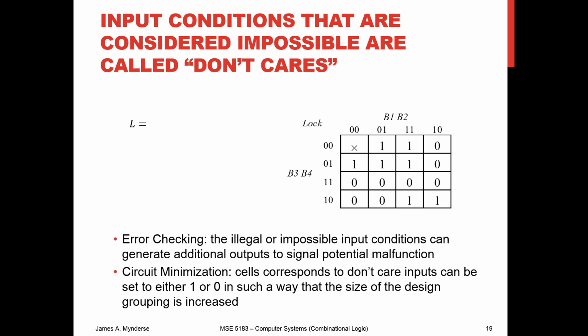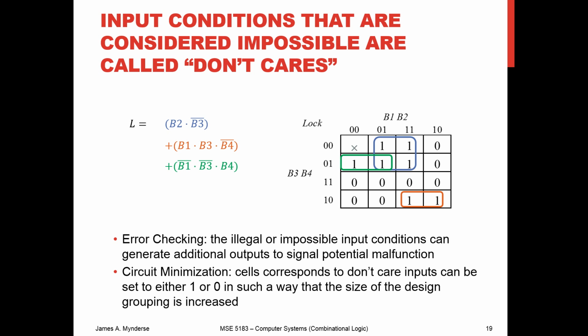What about if we have an input that is impossible to reach? If we have something that's impossible, we might call it a don't care and label it with an X, as in the upper left block. If it's a don't care, we can call it a 0 or a 1. So we got a group of 4, a group of 2, and a group of 2.